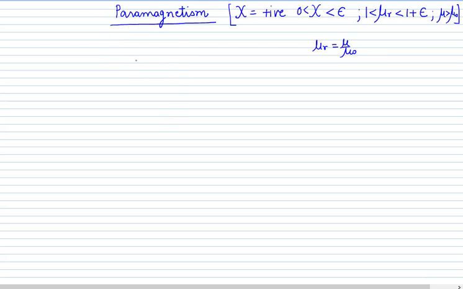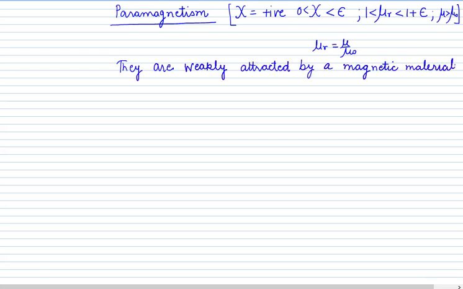So the most important property of paramagnetic materials is that they are weakly attracted by a magnetic field, and when kept in an external magnetic field, they move from a region of weak magnetic field to strong magnetic field.